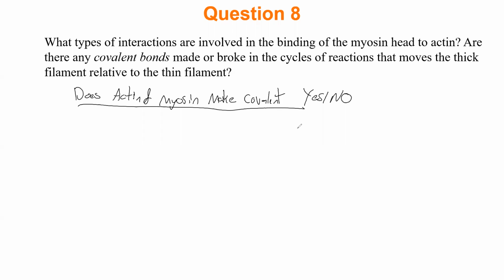It's the interaction based on what we've talked about so far. Are actin and myosin making any covalent bonds between each other? Just a simple yes or no. That's all I'm looking for here.